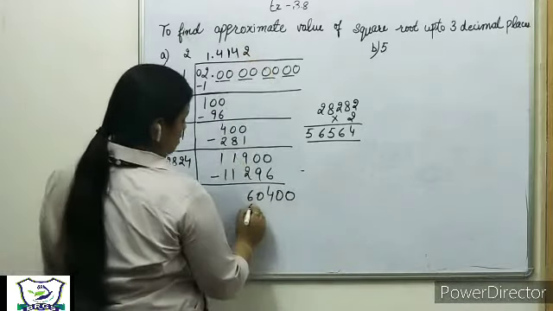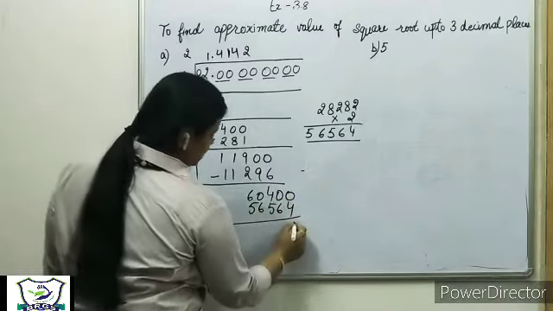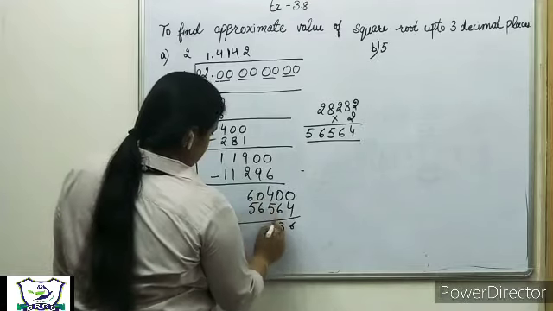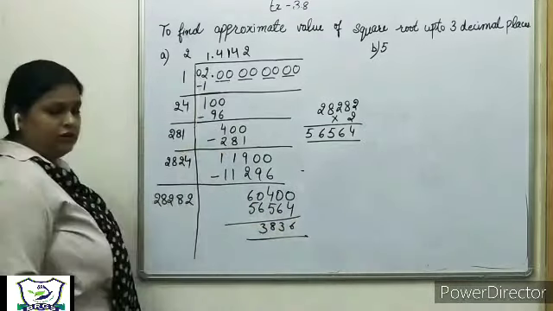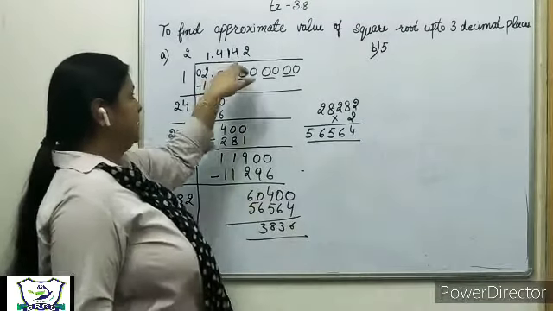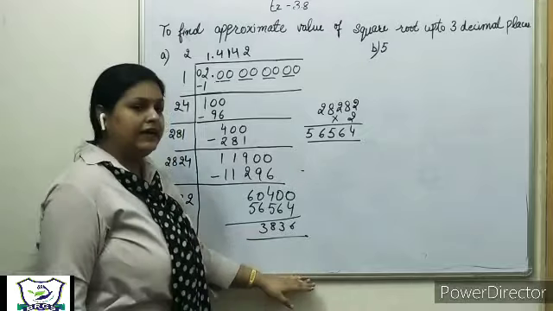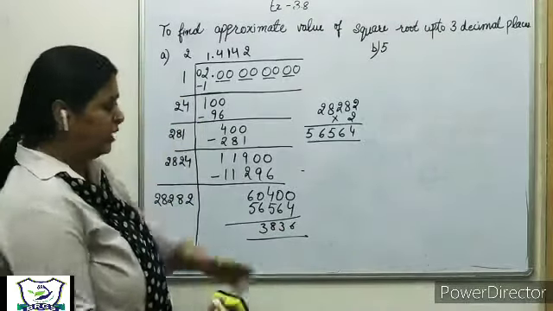So 2, 5, 6, 5, 6, 4, and 10 minus 4 is 6, 9 minus 6 is 3, 8, 3. So leave it here only because we have to calculate till 3 decimal places, and we will not be able to solve it completely because it will go on and on because 2 is not a perfect square.